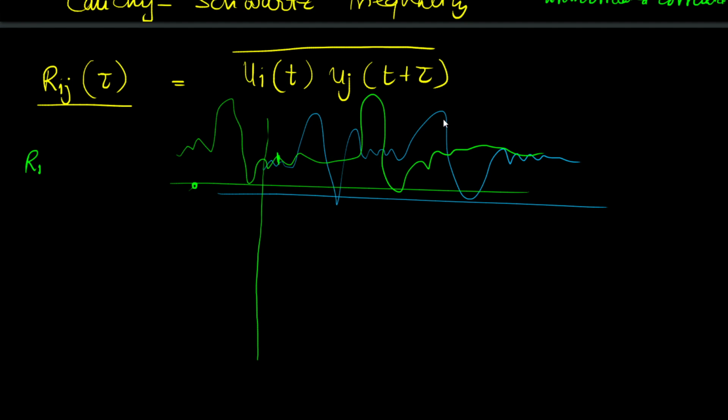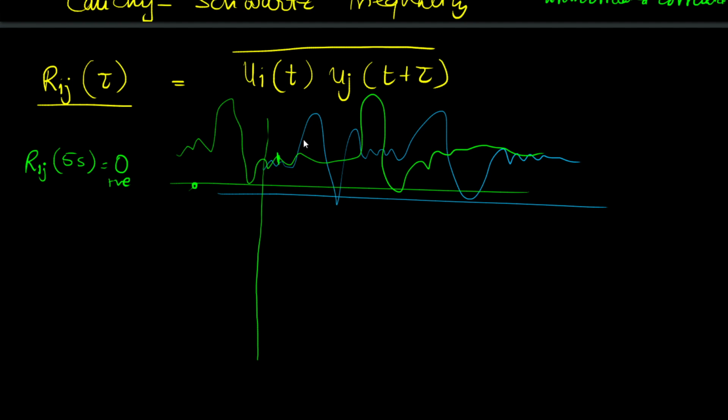Low values of green, high values of blue. So Rij at some tau, maybe say 5 seconds, will become either 0 or weakly positive, weakly positive because of these regions. But overall you see that once you shift over a certain time period, you no longer have that correlation.